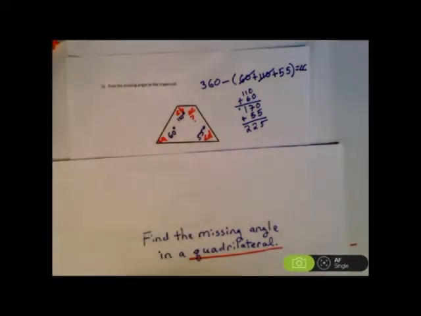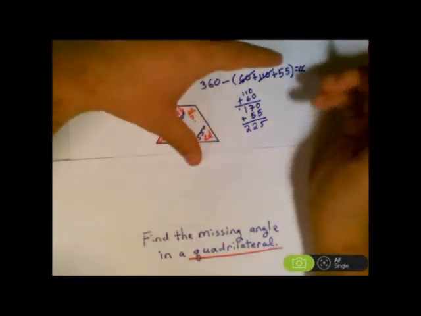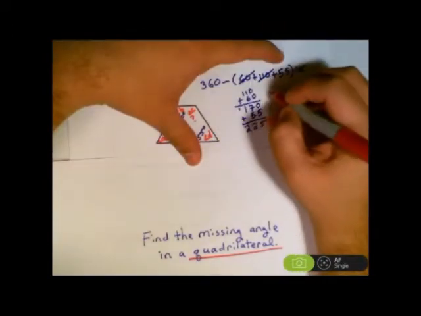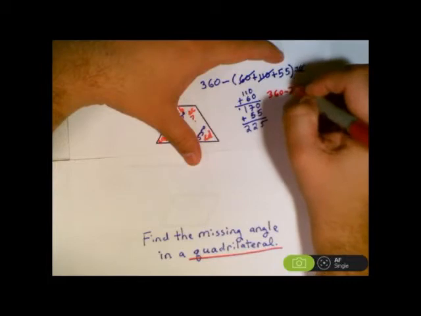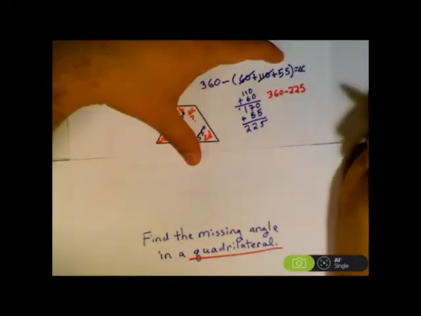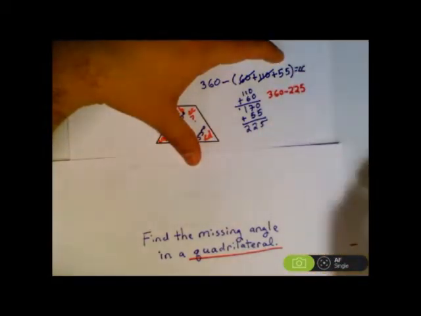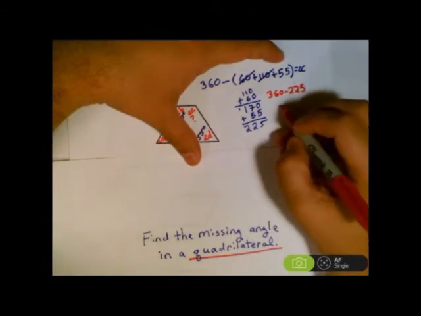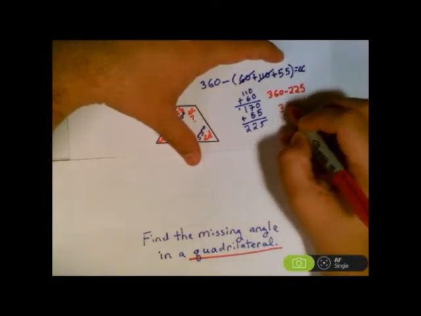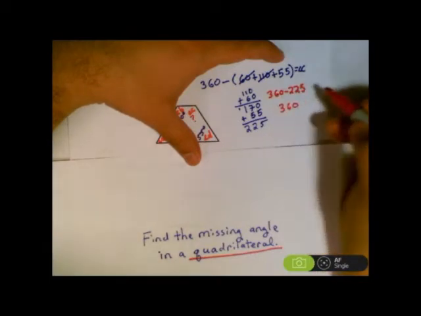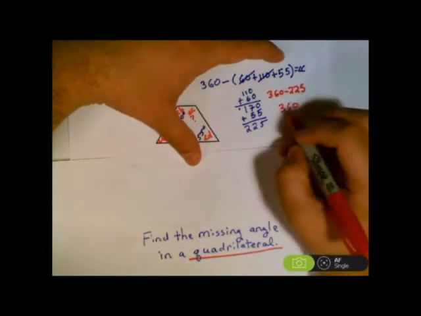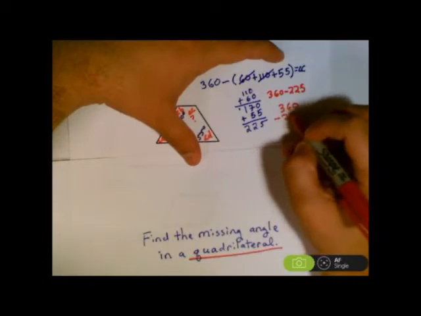So let's go ahead and rewrite what we know. We have 360 minus 225. What will that give us? So let's go ahead and subtract that. I like to stack my numbers when I subtract. It's easier for me. If you can do it horizontally, go ahead and do it.